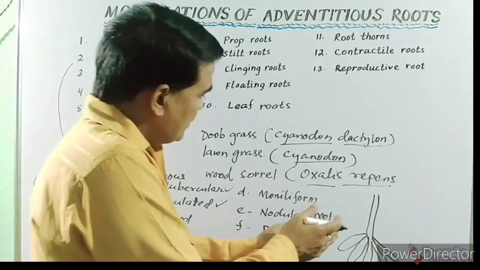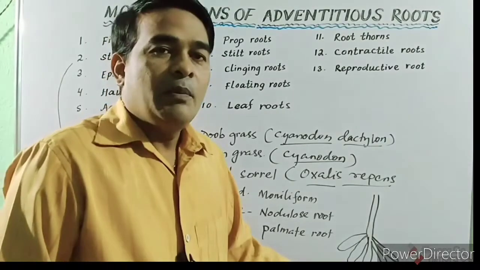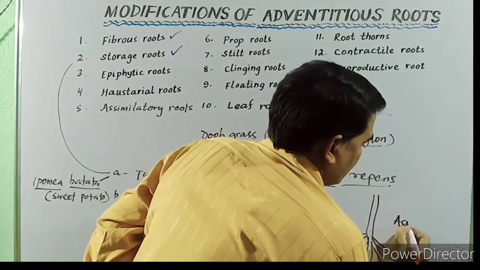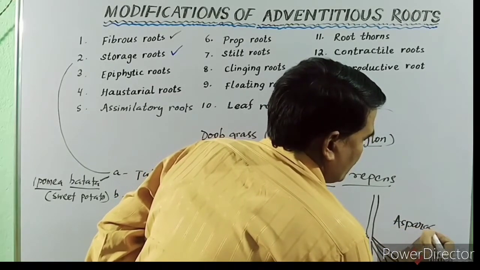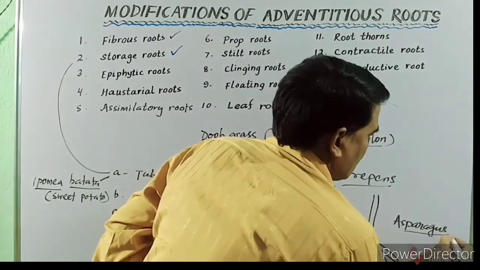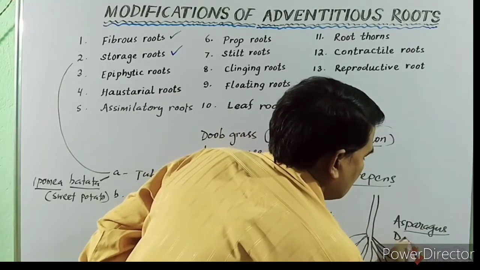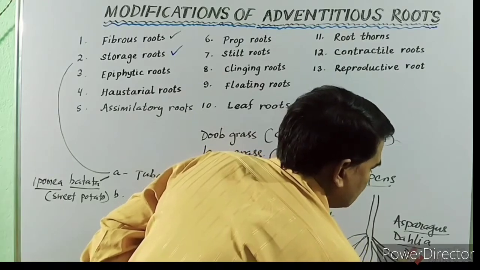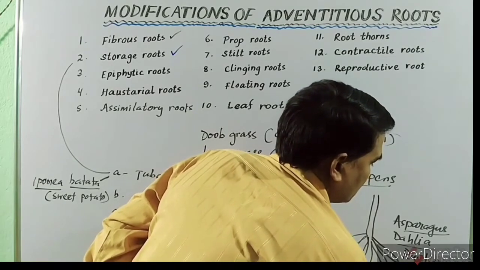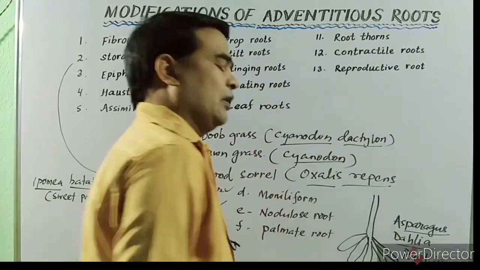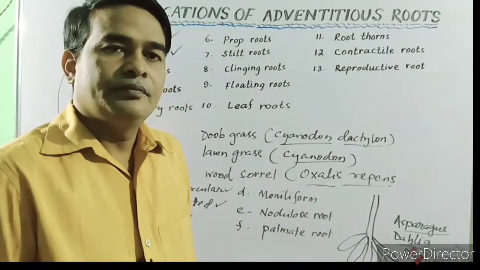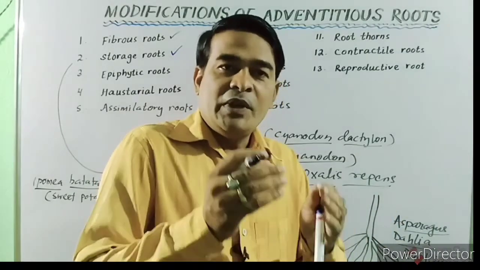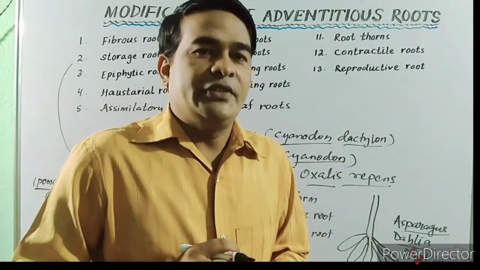This type of root is found in asparagus, dahlia, Ruellia, etc.